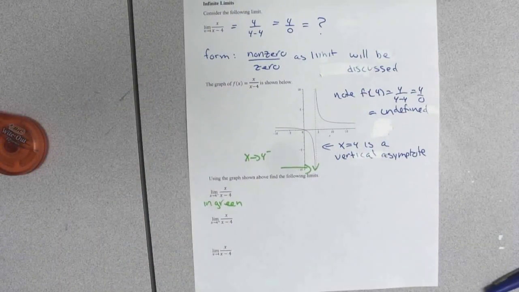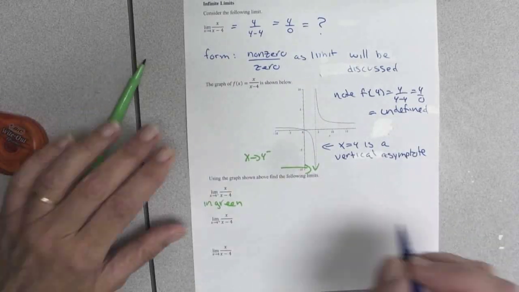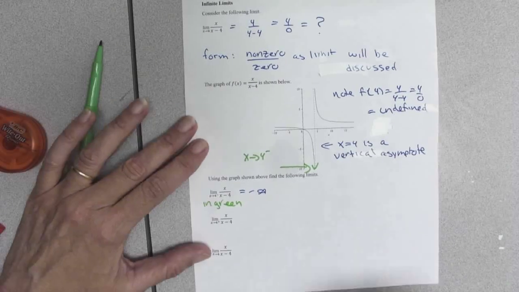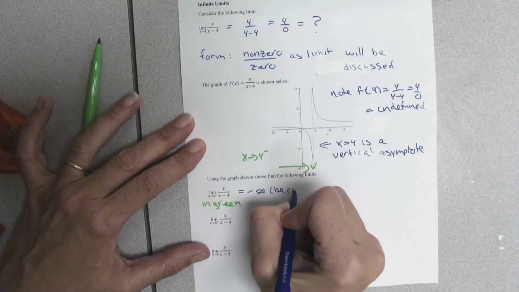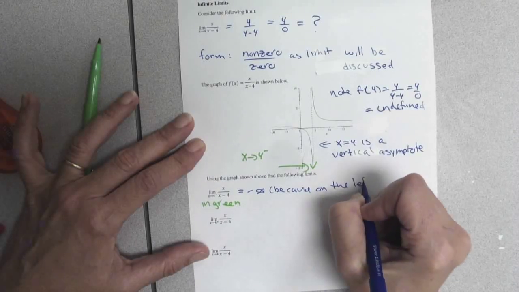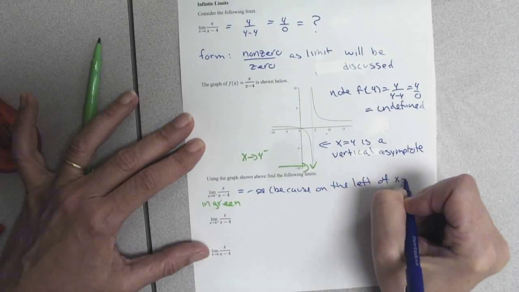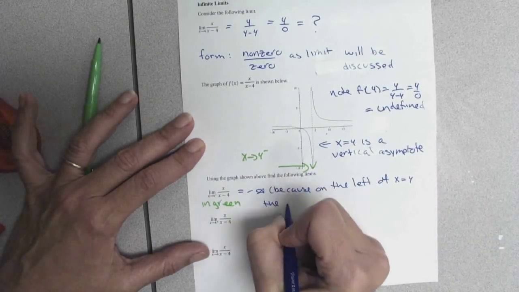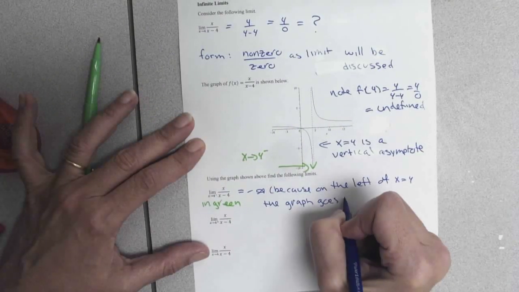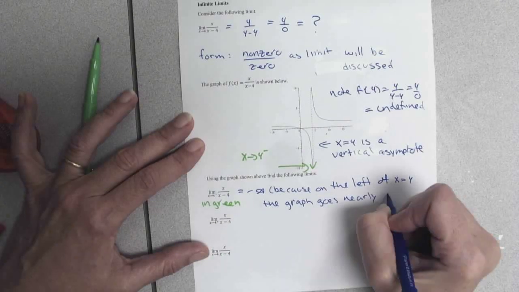As we approach 4 from the left, the graph goes nearly straight down. And so we have negative infinity, because on the left of x equals 4, the graph goes nearly straight down.